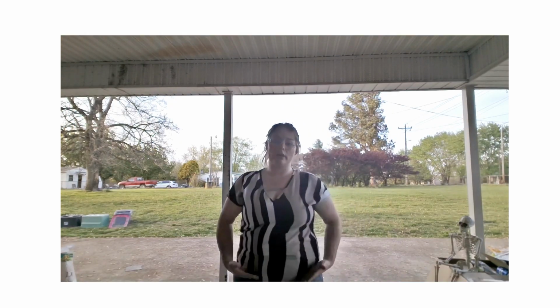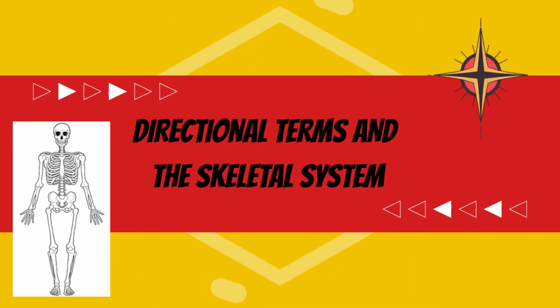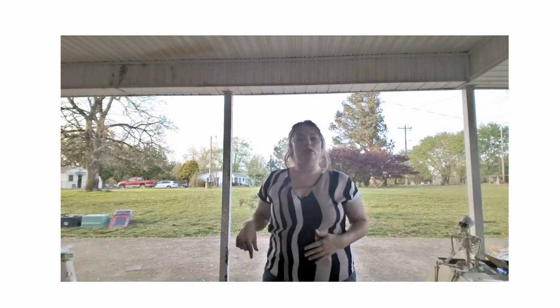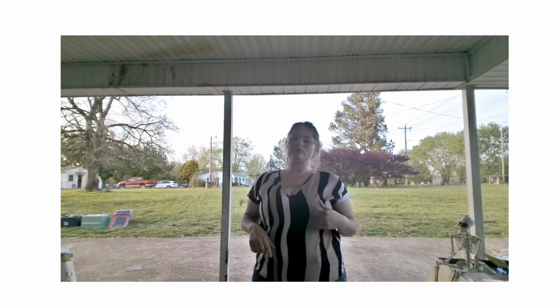Anterior means being front, and posterior means back, referring to the back. We also have superior, meaning up, like from the waist up, and if you're going down towards the pelvis, you would use the term inferior.